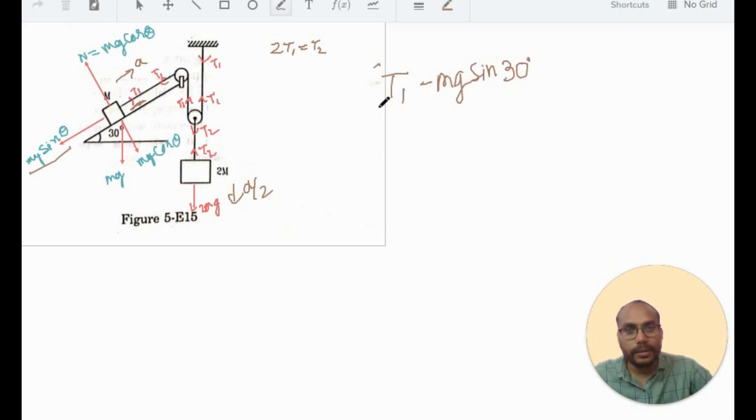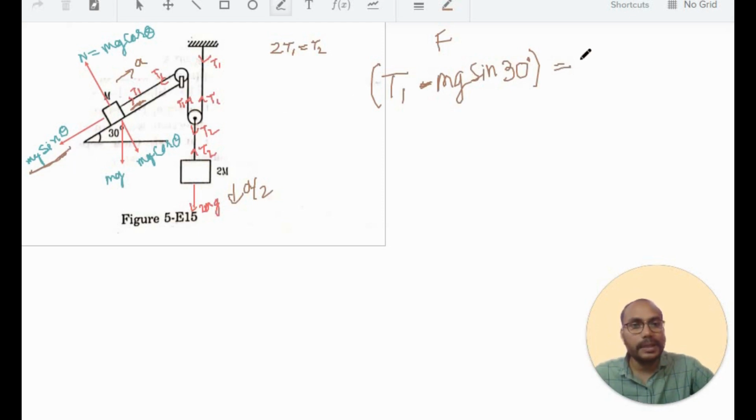This is our total force. We are taking upward forces positive and downward forces negative. That is why a negative sign comes with the downward force mg sin theta.